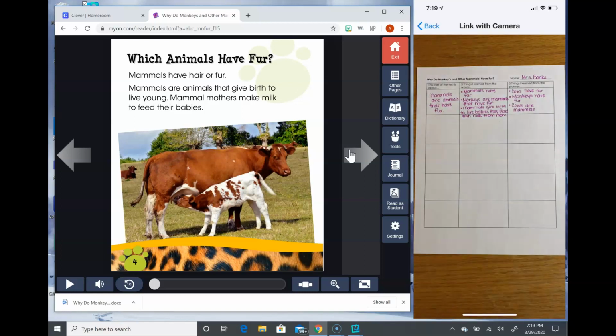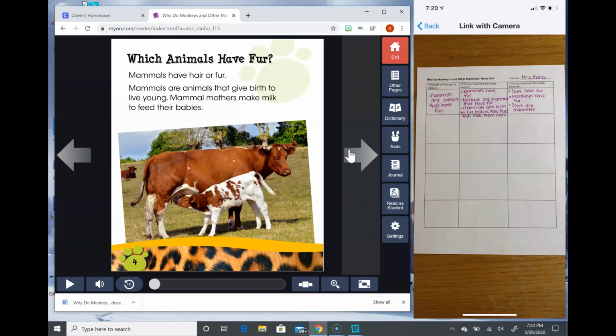Boys and girls, just like always, I want you guys to remember that just because I wrote it down doesn't mean that that is exactly the way that it needs to be written. There are lots of other details that you could have gotten from this text, and you might have worded some of the details that I wrote down a little differently. Okay?